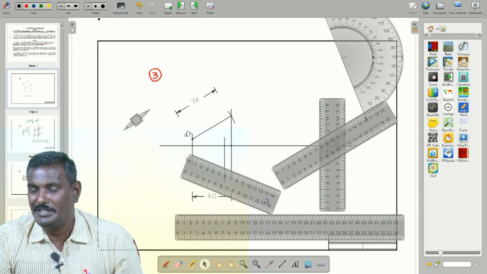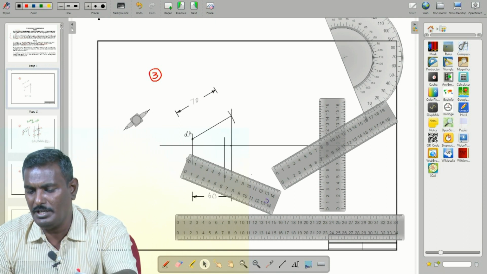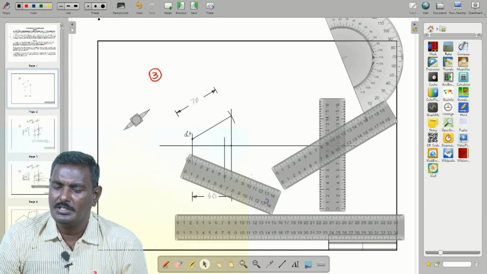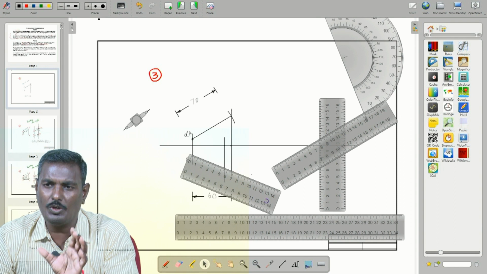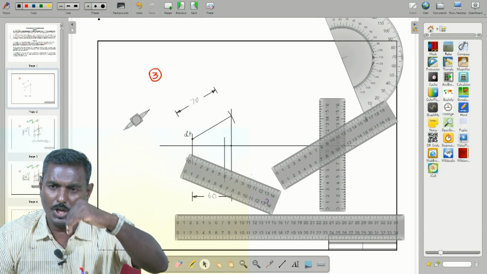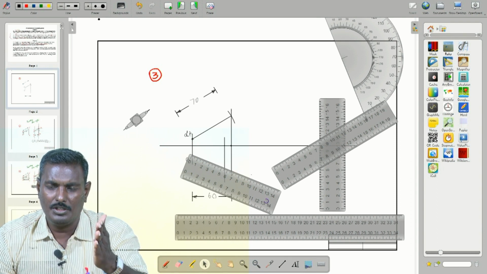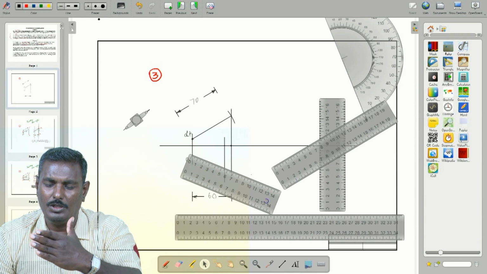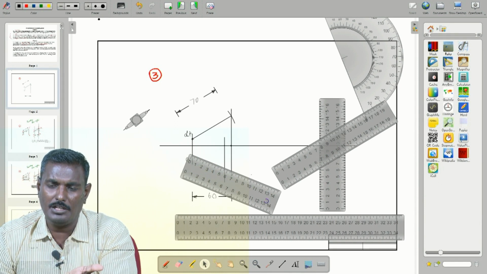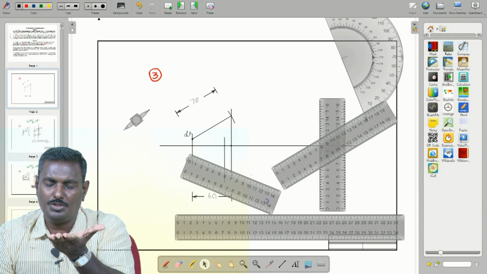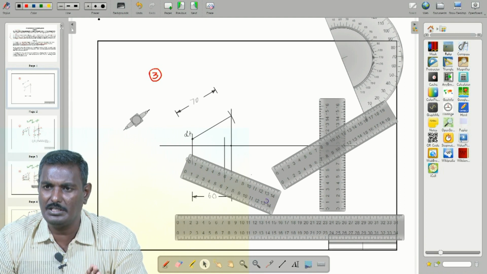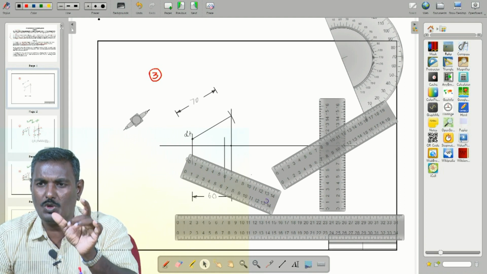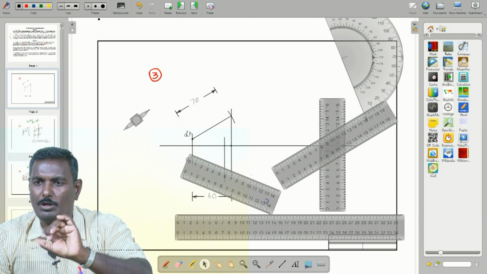Already we have marked 50 mm. If you look from the top, the plan shows the true length, which is parallel to the horizontal plane. The actual AB is represented on the plan.